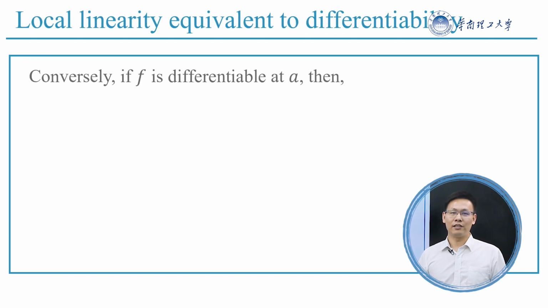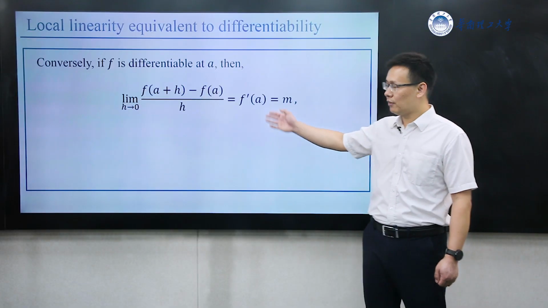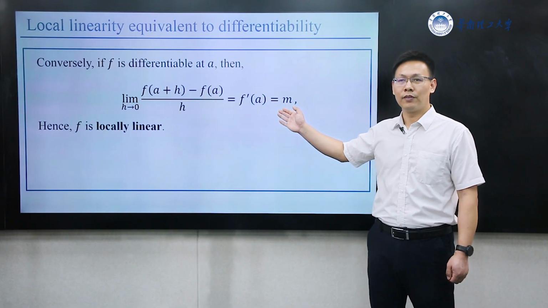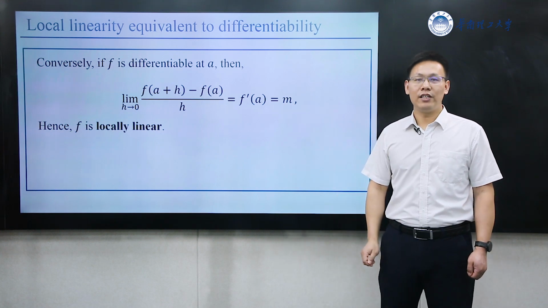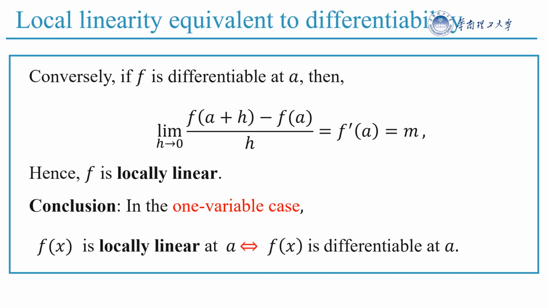On the other hand, if f(x) is differentiable at a, then the following expression holds. Hence, f is locally linear. Therefore, for a single variable function, f(x) is locally linear at a if and only if f(x) is differentiable at a.